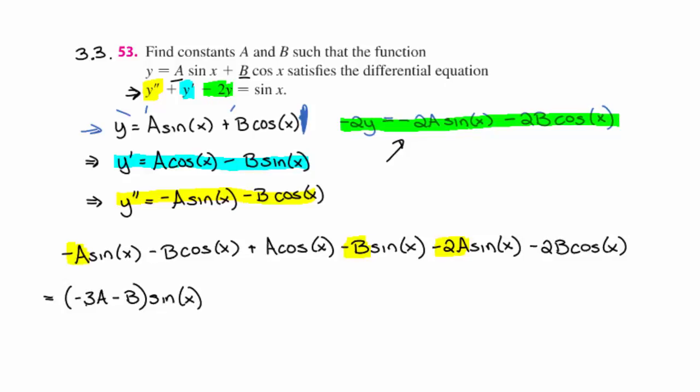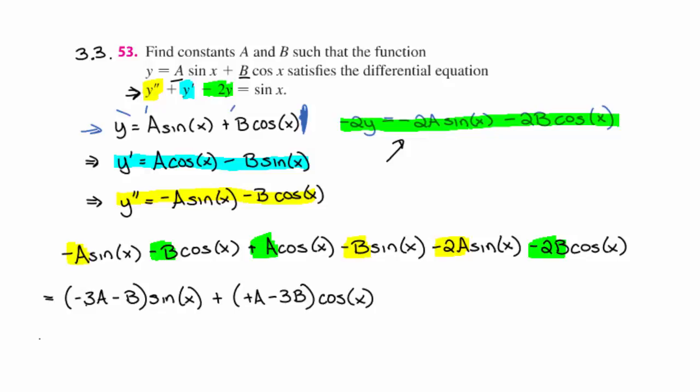And then as far as the cosines, I have a negative b of them plus a of them, and then minus 2b. So minus 3b plus a of them. Let me write that: plus a negative 3b plus a. Actually, I'm going to say a positive a minus 3b because I like it in alphabetical order. And that is supposed to be times the cosine.